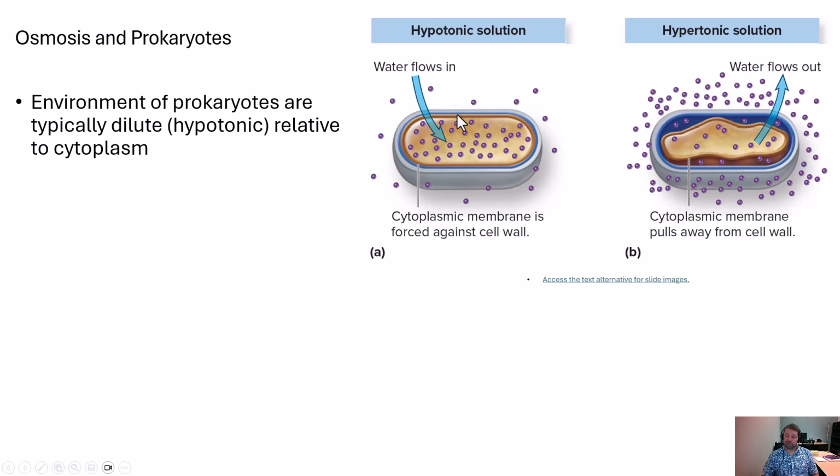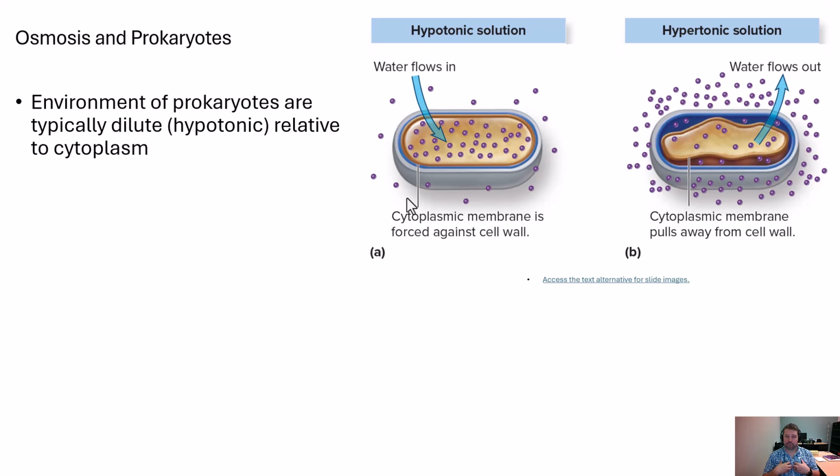But if a huge amount of water is coming in, that's where the cell wall comes into play. The cell wall is rigid enough that it won't allow the cytoplasmic membrane to rupture. Okay?